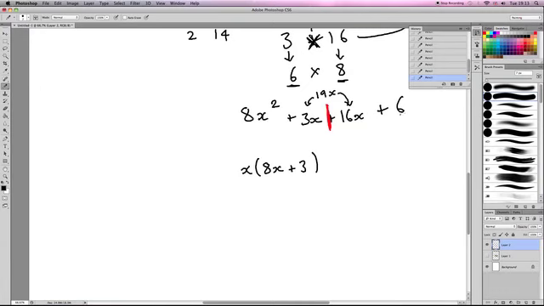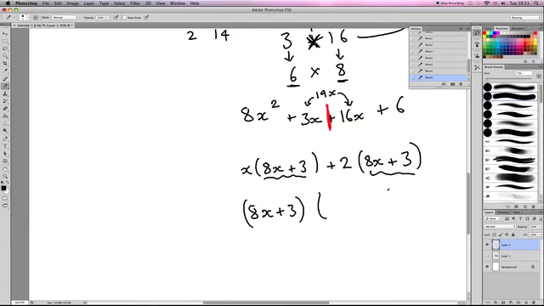I can't take a factor of 4, 5, or 6. I think that's just it. So I'm left with 8x plus 3. It should be right because I've got the same bracket on both sides. If I take that aside now, I've got 8x plus 3, and my other bracket is just going to be x plus 2.